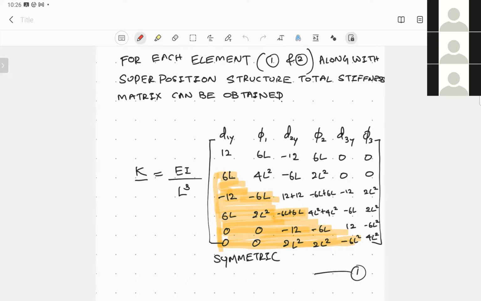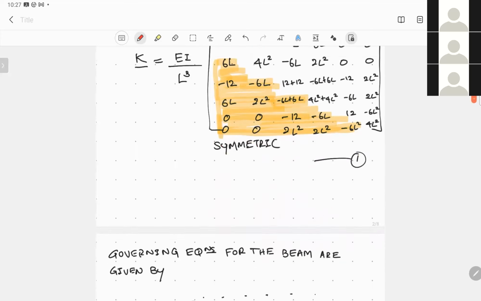When you work it out on your own, you can do it and check whether you get this answer. So if you have done your math correctly, this is the global total stiffness matrix which you get after assembling, considering the nodal degrees of freedom at node number 1, node number 2, and node number 3. And you would end up getting a symmetric matrix like this.